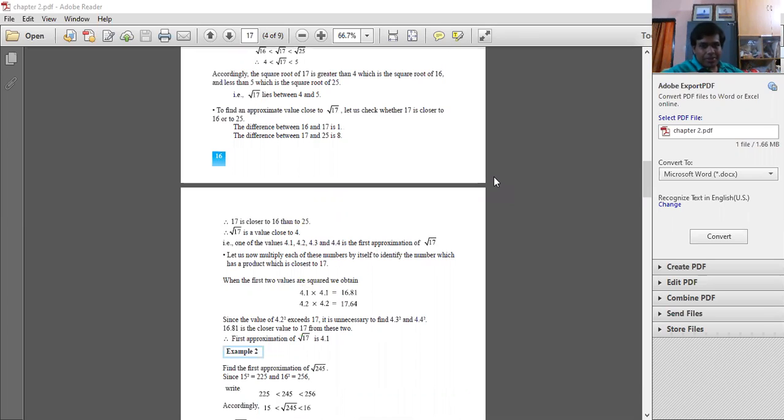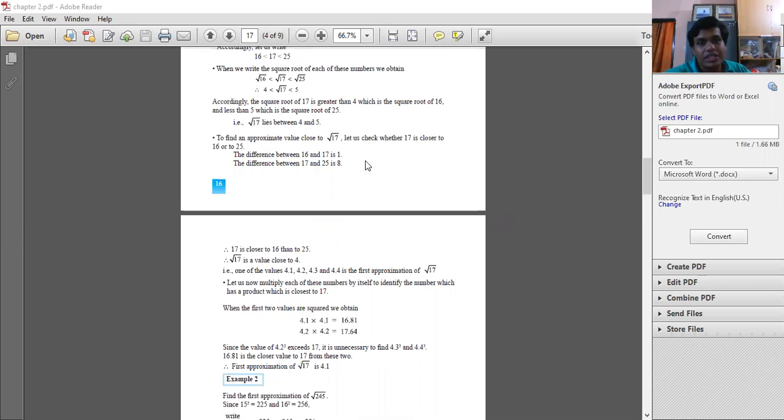This is why I told you this is a very good one, because it is very essential to know why they have taken that part, to find an approximate value. Let us check what is closer.